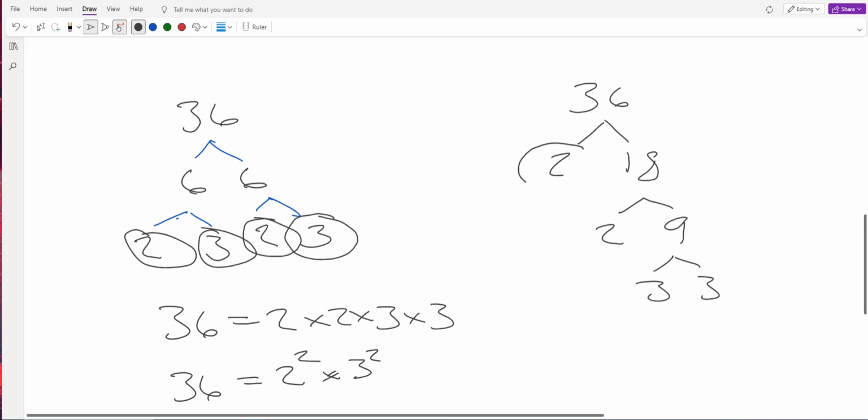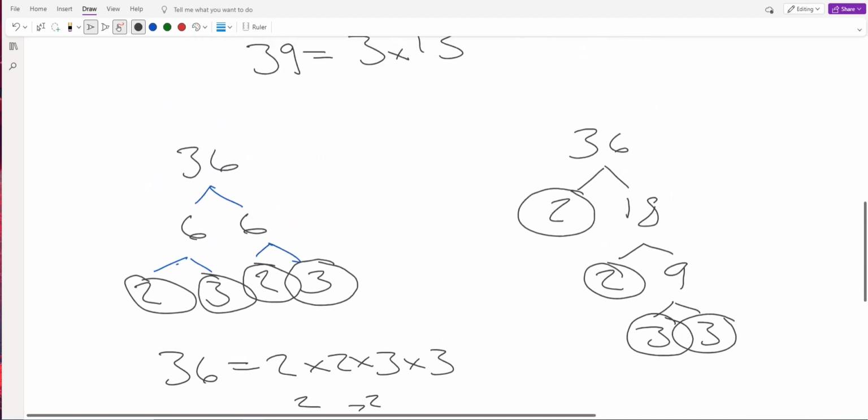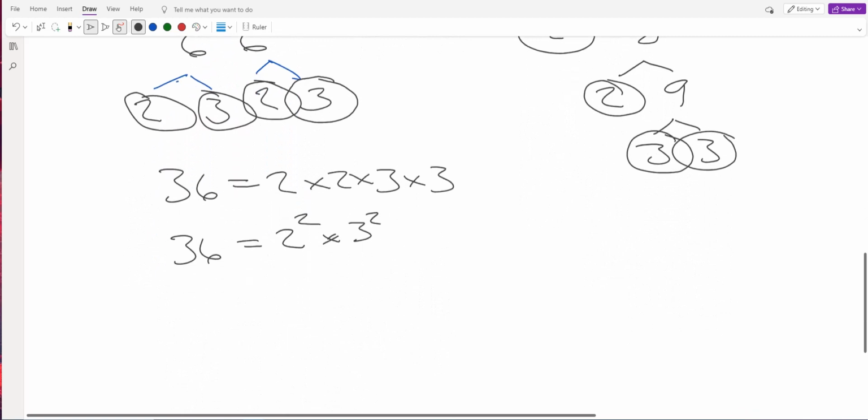So here, we grab all the numbers at the end of the branches, and those would be our prime factors of 36. And again, we get 2 times 2 times 3 times 3. So 2 squared times 3 squared.